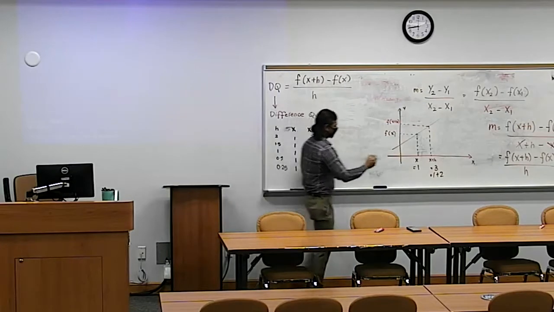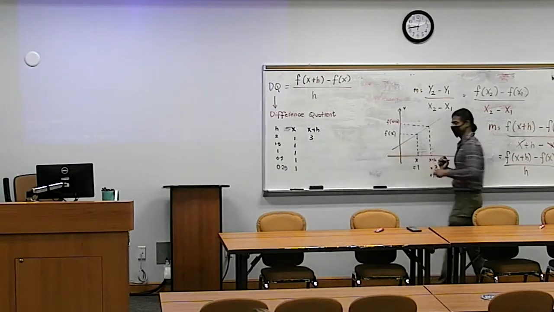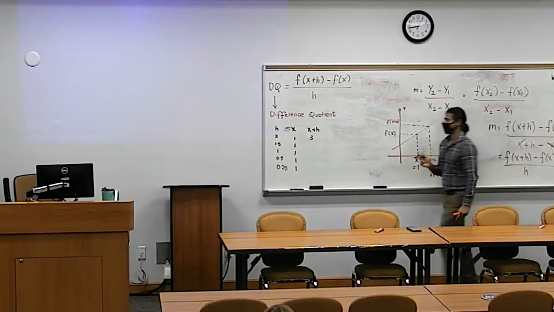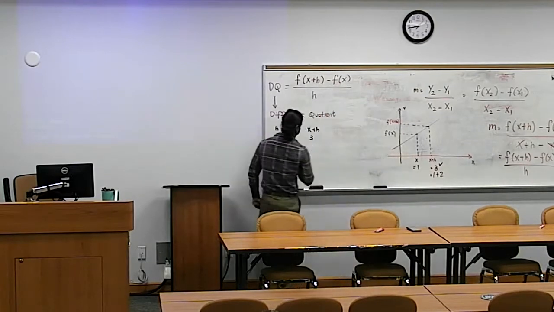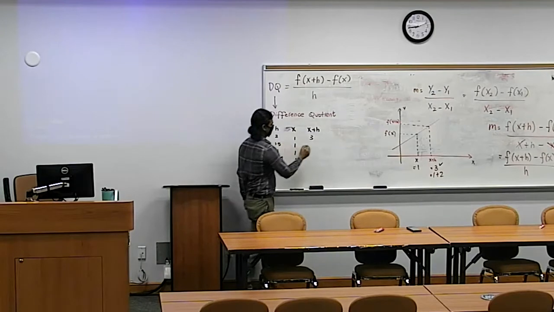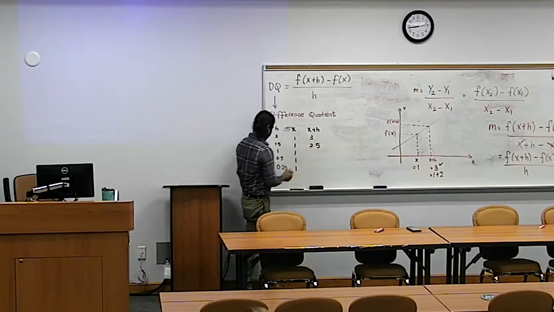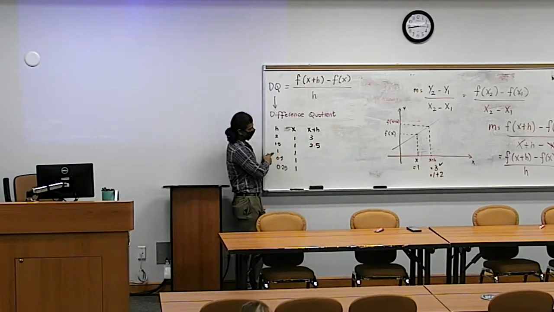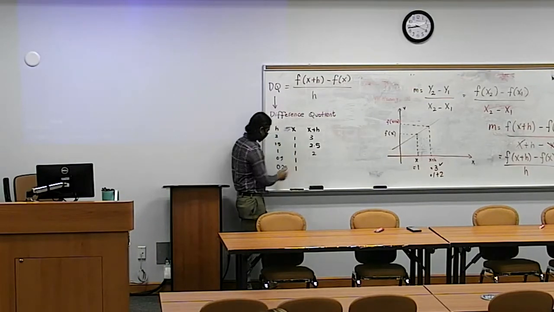Which would be that point in my graph, yes? When I plug in 1.5, what would I get for x plus h? 2.5. When I plug in 1 for h, what would I get for x plus h? 2.